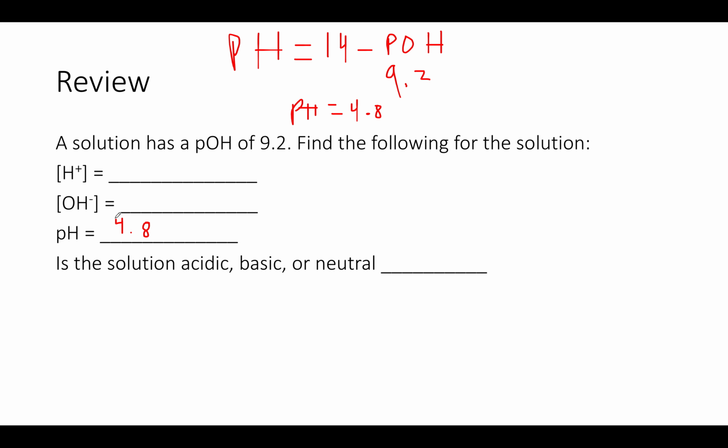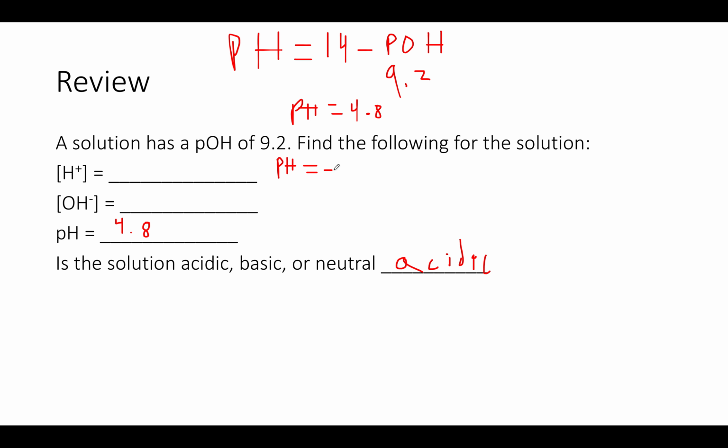It's always good to start there, I would say. If you have a pH less than 7, you have an acidic solution. So that answers that part. Now it's asking for the concentration of the hydrogen ions and the concentration of the hydroxide ion.